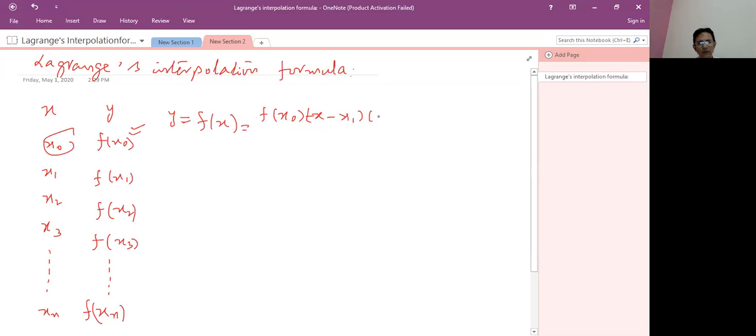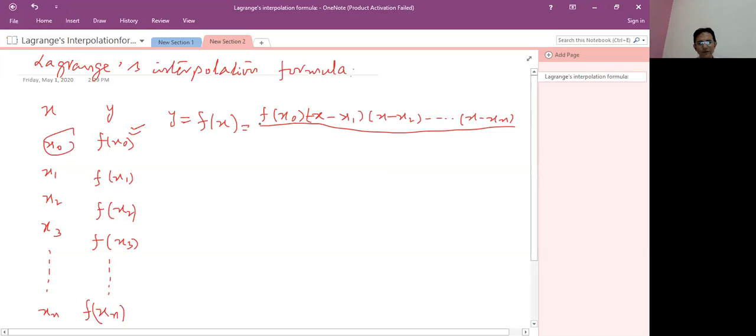So x minus x1, x minus x2, and up to so on, x minus xn in the numerator, and whole divided by x naught minus x1. Then we will subtract from this value x naught minus x1, x naught minus x2, and up to so on, x naught minus xn.